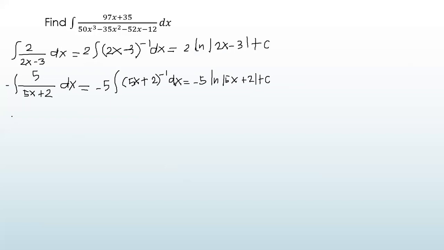Okay. And the third one, the integral of 1 over 5x plus 2 squared dx. It becomes the integral of 5x plus 2 to the power of negative 2 dx.